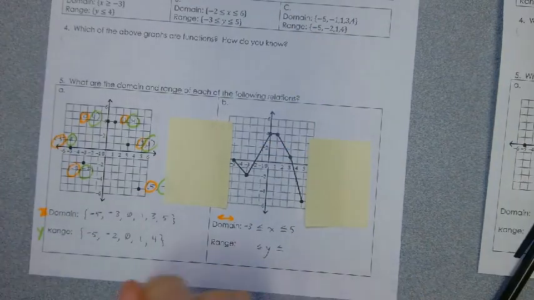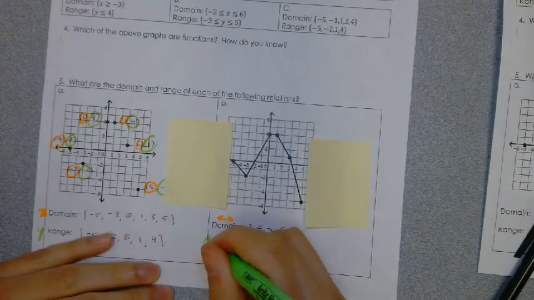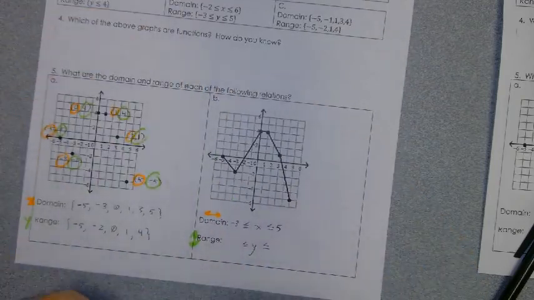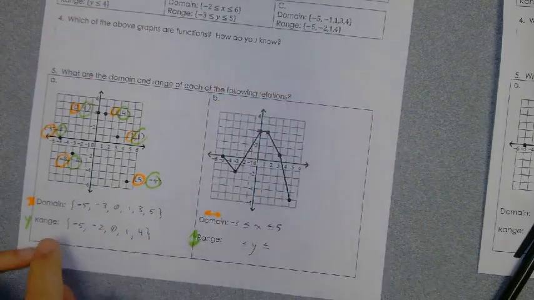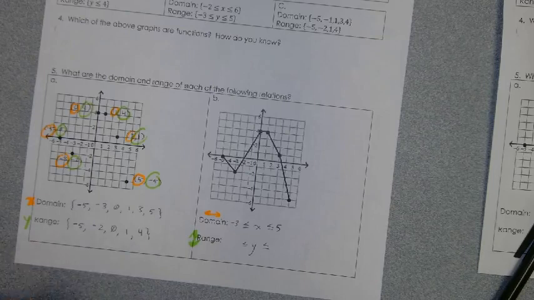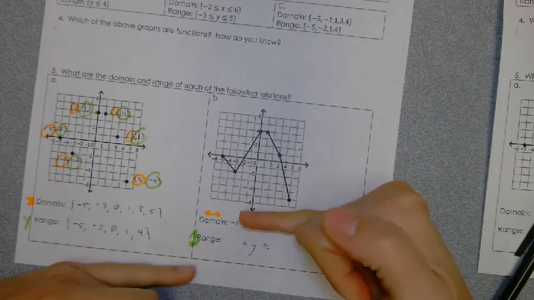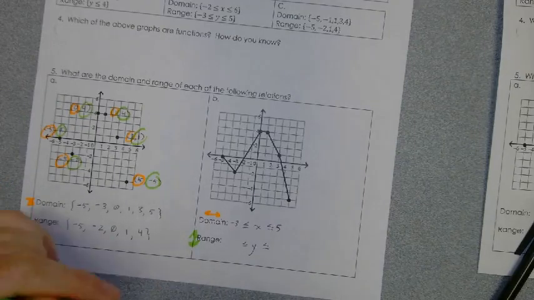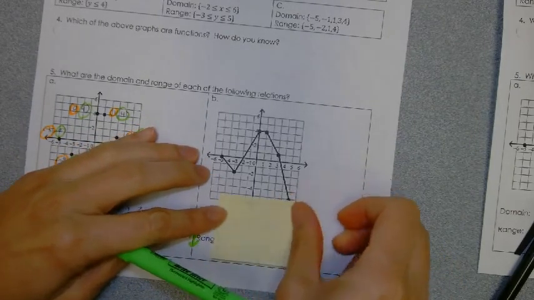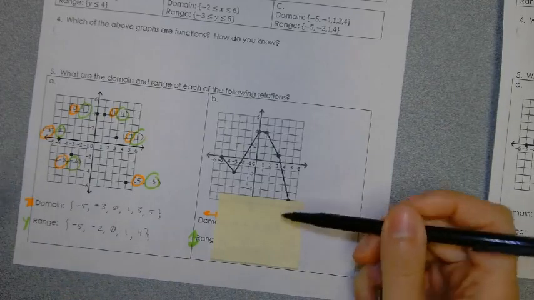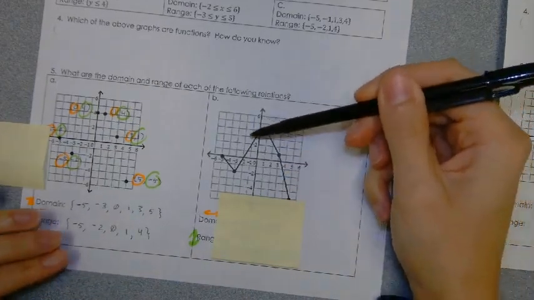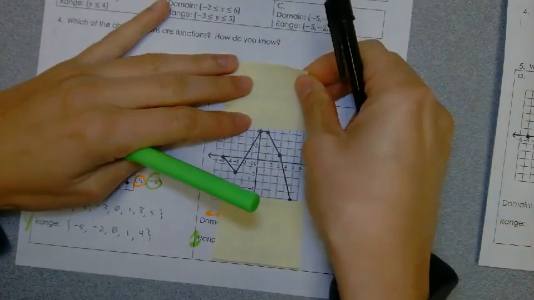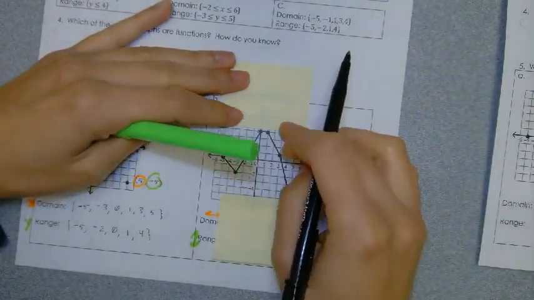We'll do the same thing with the range, but this time we're going to look vertically. And again, because we're going from least to greatest, just like we did in our other set, we're going to start from the bottom and read upward. So my lower limit of the graph is down here, and it goes all the way up to here. This is the uppermost limit of the graph.